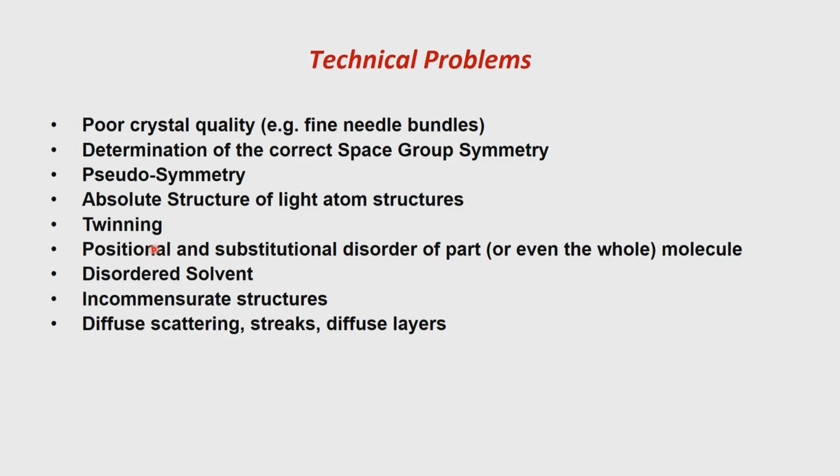The problem is that the symmetry associated with the determined space group will allow for the positional and substitutional disorder, and this will give rise to different kinds of diffraction conditions. It may look as though, because of this disorder, the molecule is going into two different crystal systems, which is the definition of polymorphism, but it is not the case. It is essentially the possibility of positional and substitutional disorder of the molecule.